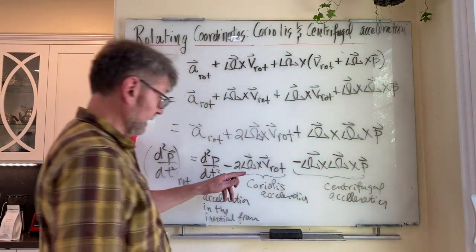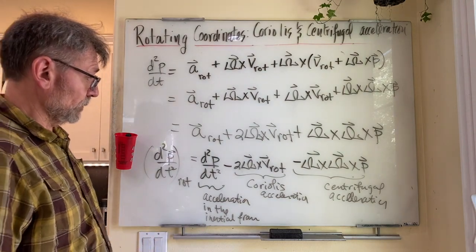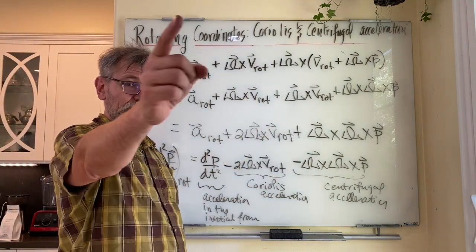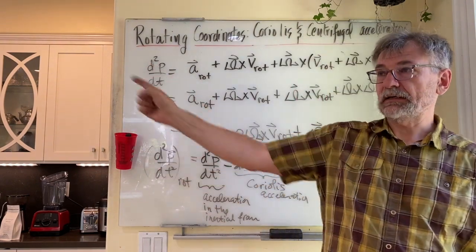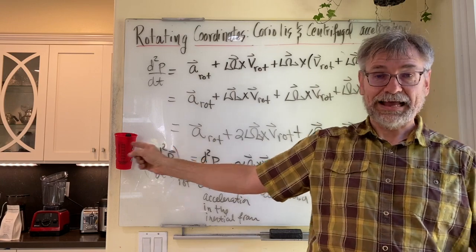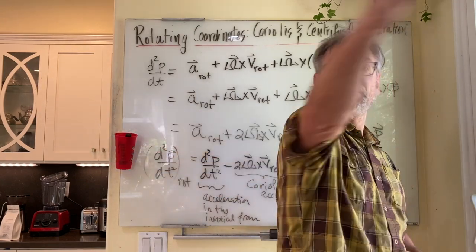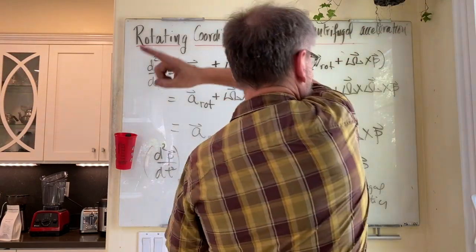Well, I guess we should also check what is the direction of this one, omega cross V. Suppose that my vector P is moving. Suppose it's moving in this direction. As the Earth moves, this one is moving a little bit faster than me. So I'm spinning around, but this one's moving a little bit faster.